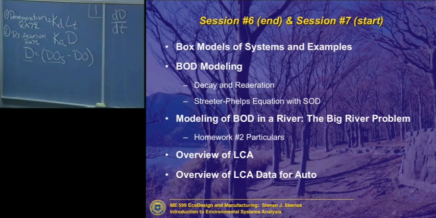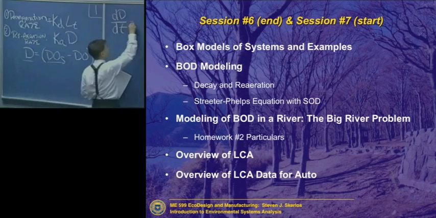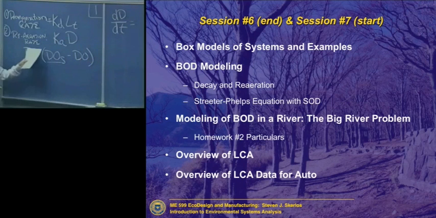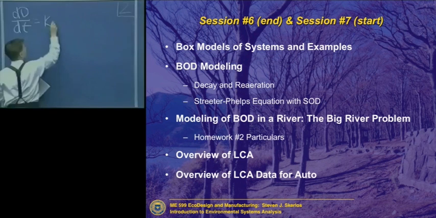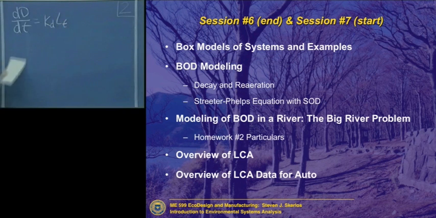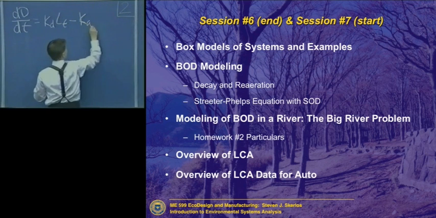If we're only modeling these two sources of contribution to the deficit, then the time rate of change of deficit is just going to be a combination of these two terms. So the deficit increases when deoxygenation increases, so we're going to put Kd L of T here. The deficit decreases when there is reaeration, so we're going to subtract Ka times D.